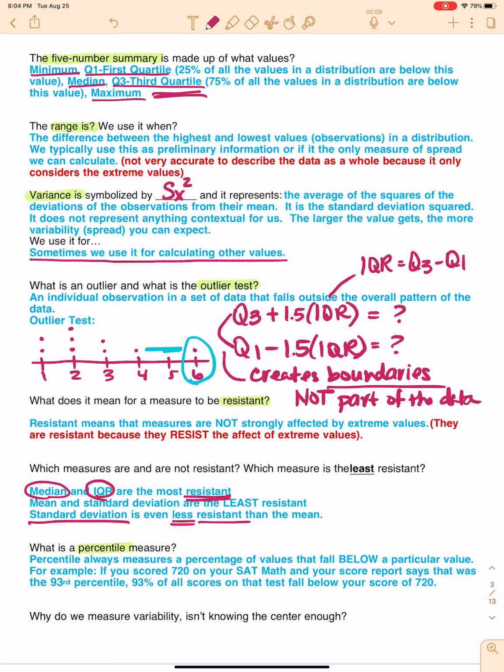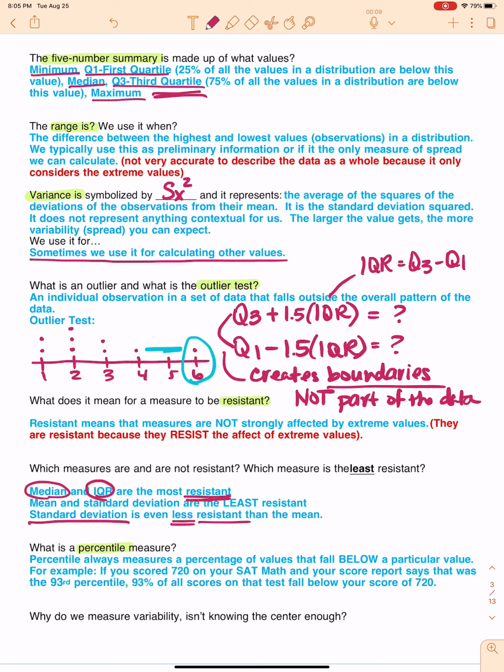What does a percentile measure? Well, kids, if you've taken a standardized test, which I'm guessing all of you have, you probably know what a percentile is. If you fit in the 50th percentile, 50% of people scored below you. If you're in the 90th percentile, that means 90% of people scored below you.